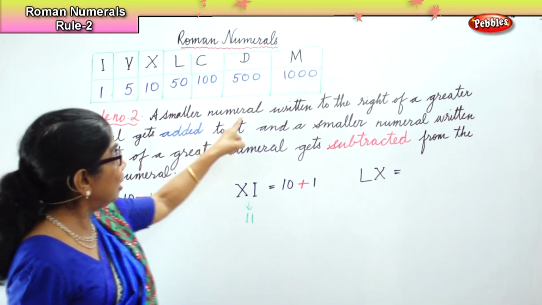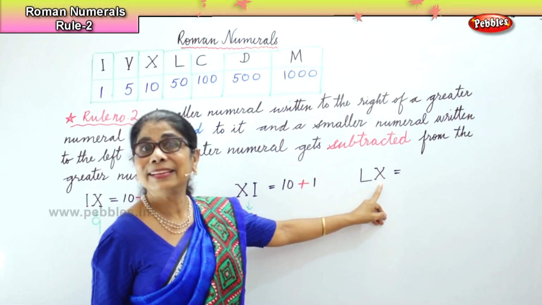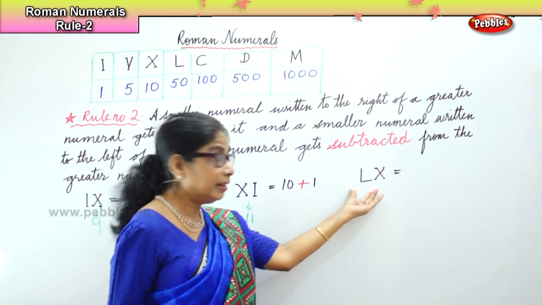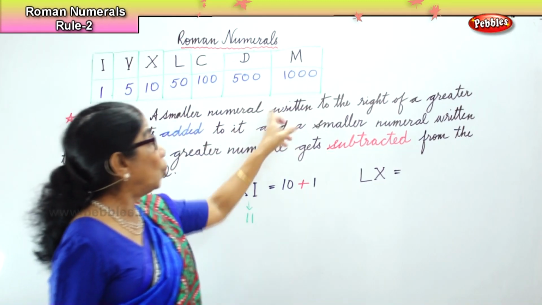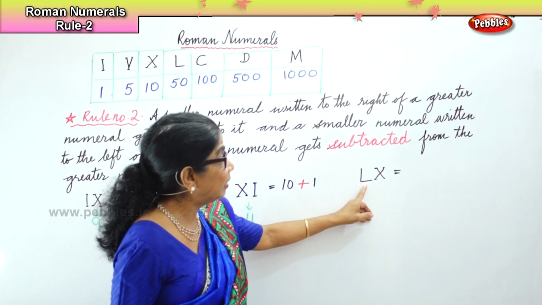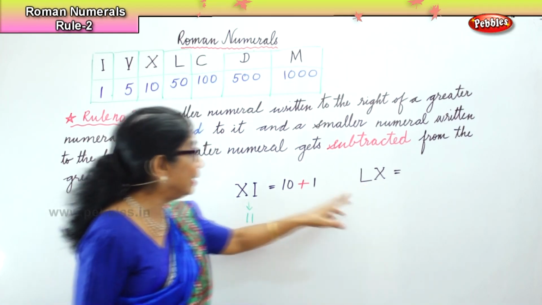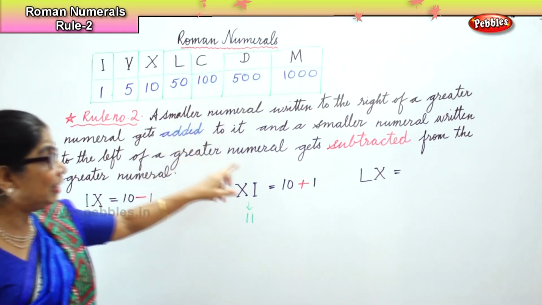A smaller numeral written to the right, 10 is to the right of the greater numeral 50. Okay? So, when a smaller numeral is written to the right of the greater numeral, this is 50 and this is 10, then what happens? That number gets added to it.